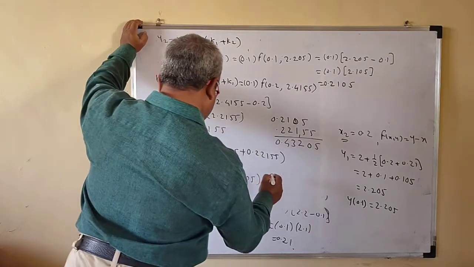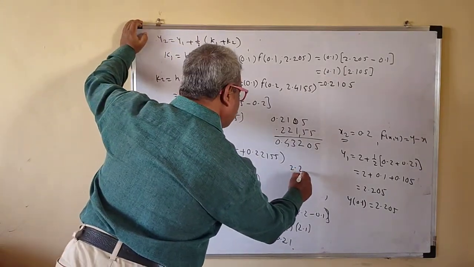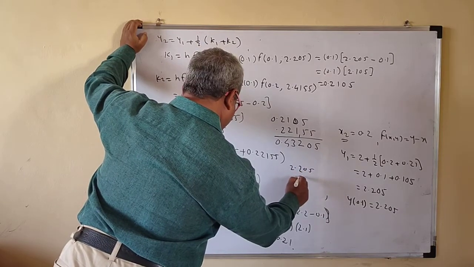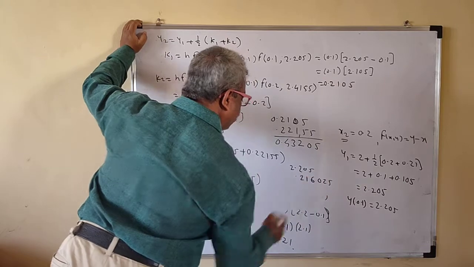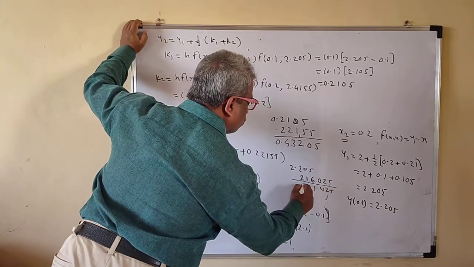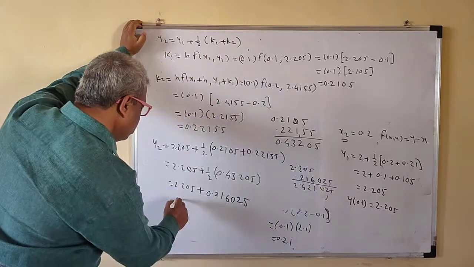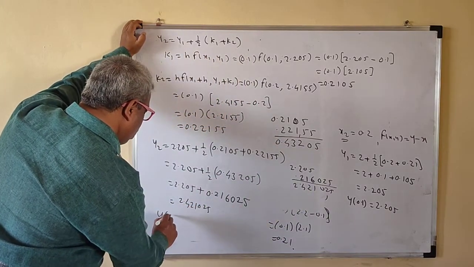So now this is 2.205 plus 0.216025, and the addition will be 2.421025. This is your y of 0.2.